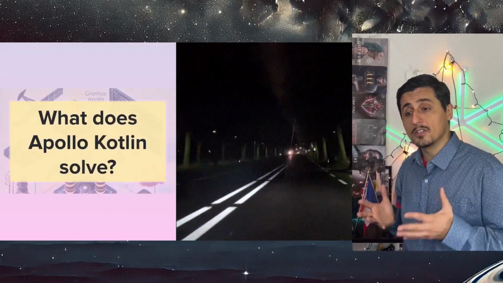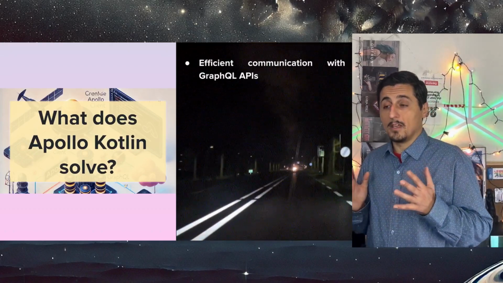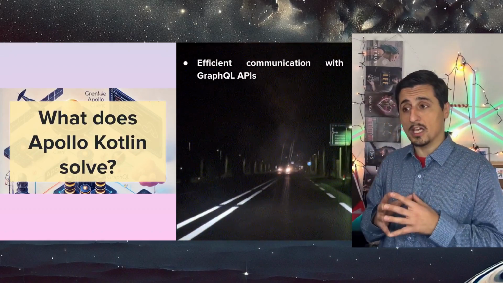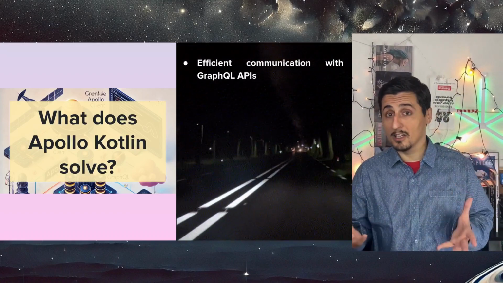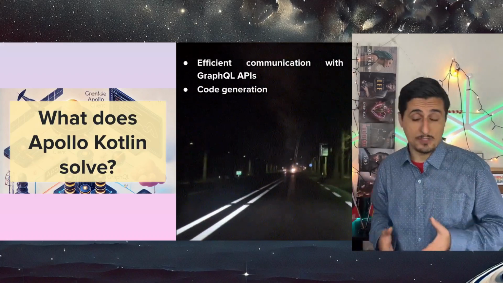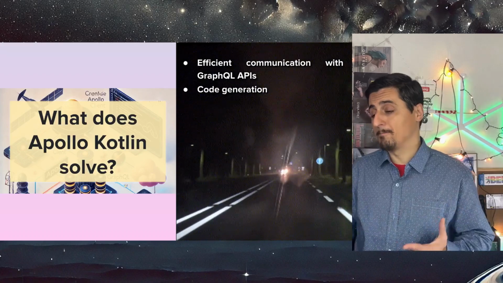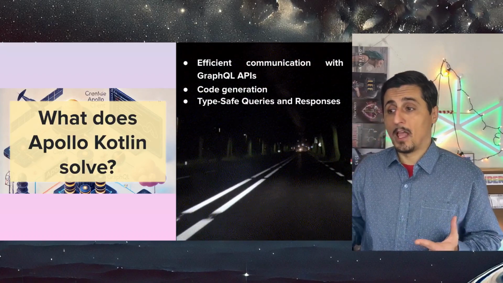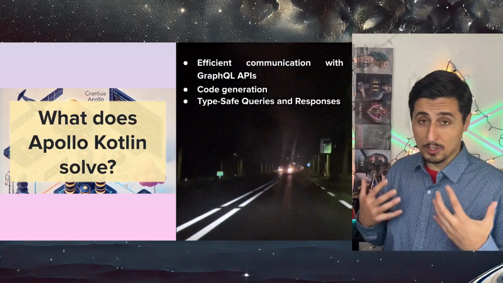So what does Apollo Kotlin solve? It solves the efficient communication between GraphQL APIs. Granted, it is a GraphQL client. It allows for code generation, as we have talked before. This is using the introspection endpoint. It provides type-safe queries and responses.